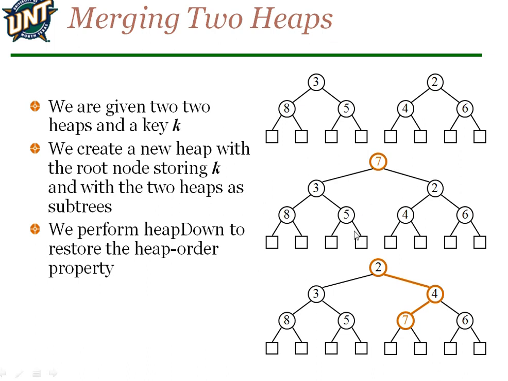See, these 2 and 3 will be merged under a new parent, 7. Then we perform down heap to restore the heap order property. We check whether this satisfies the heap property. If not, then we perform the heapify operation, or down heap operation, in the downward direction.